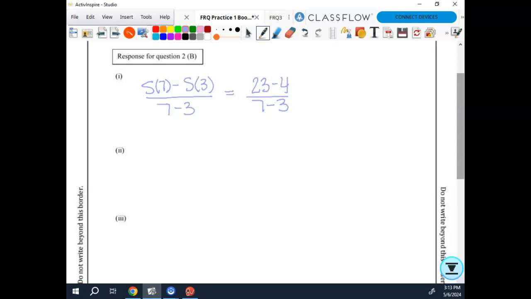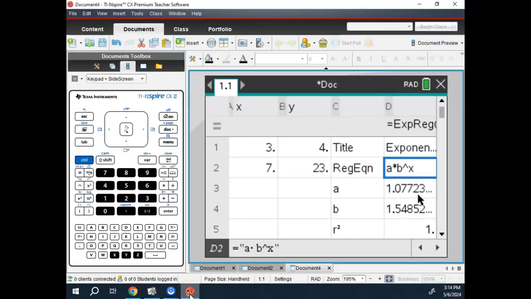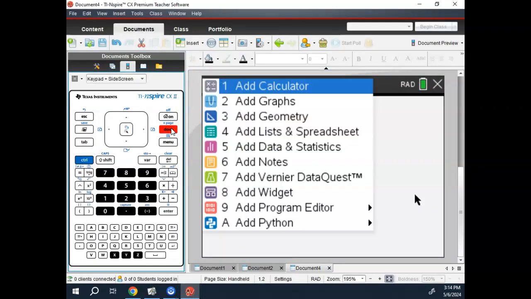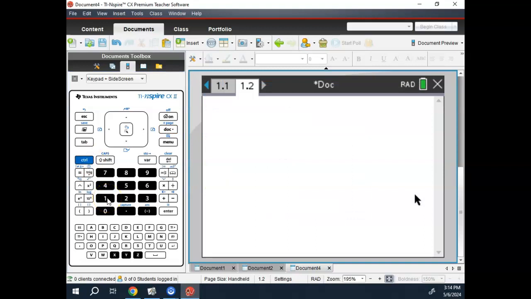This is a calculator question. Use the calculator. So here, I'm going to add the actual calculator, and I'm going to do 23 minus 4 over 7 minus 3.